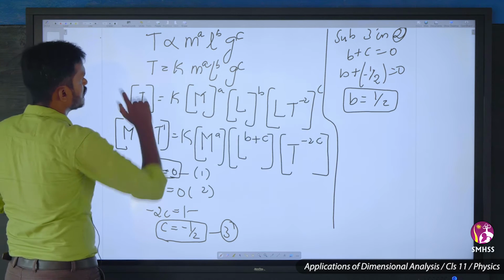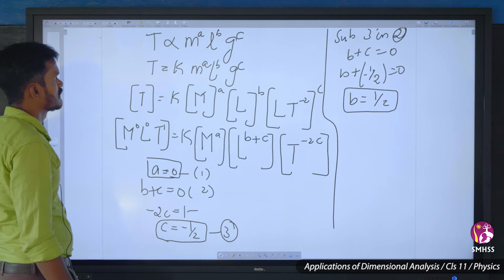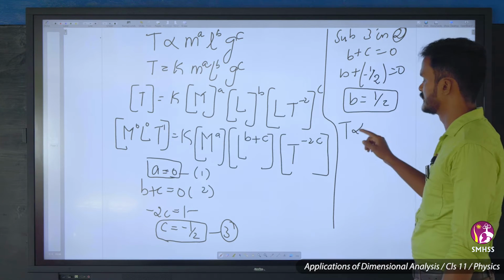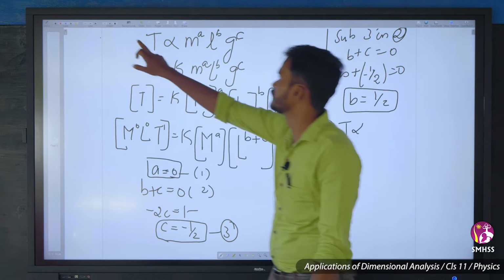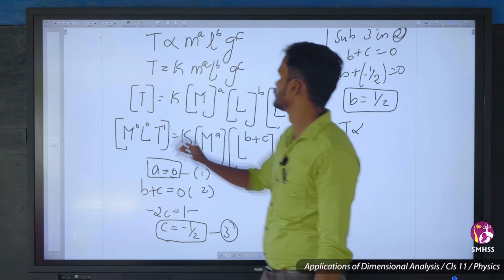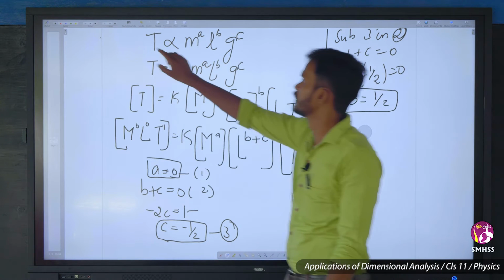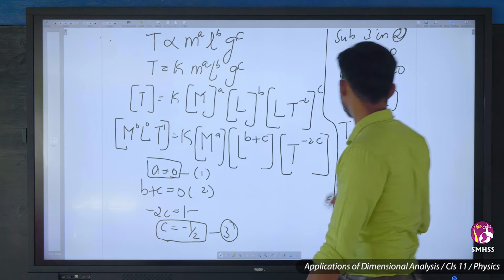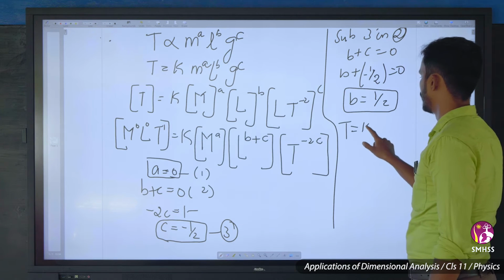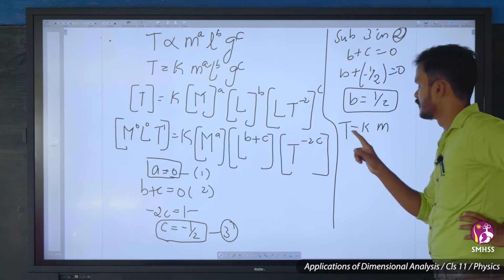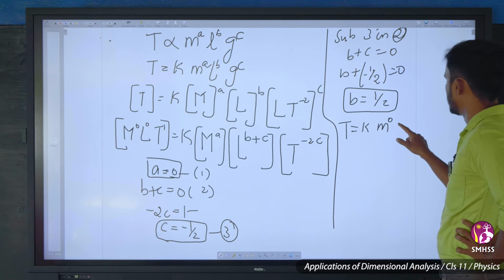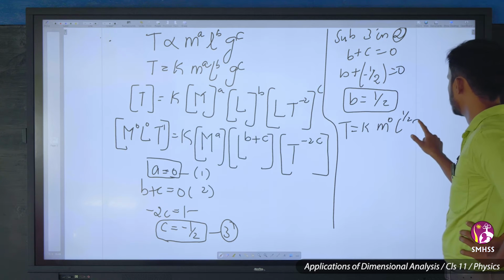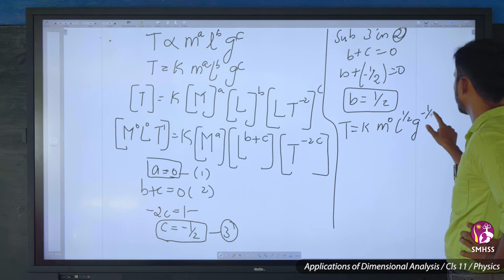Substitute in the first format, that is T is equal to k M^0 L^(1/2) g^(-1/2).